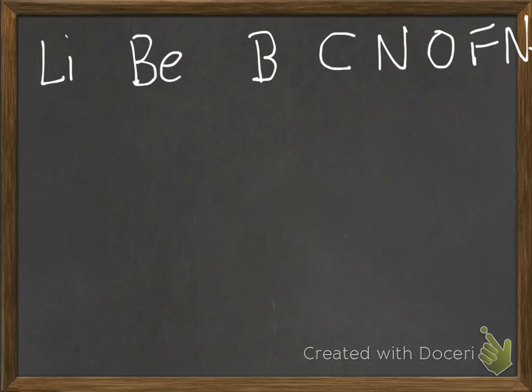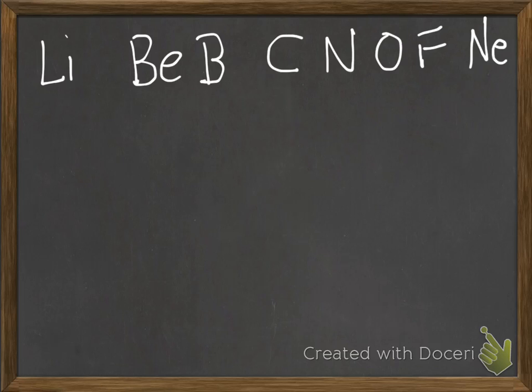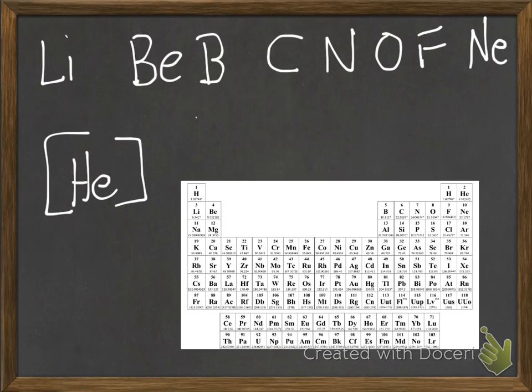I ran right off the page. So write the electron configuration, and you can do noble gas notation if you want to. What noble gas would you use for these? Helium. So you could start them all off with that.